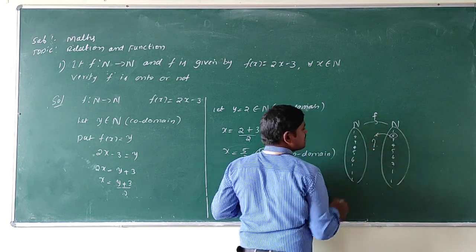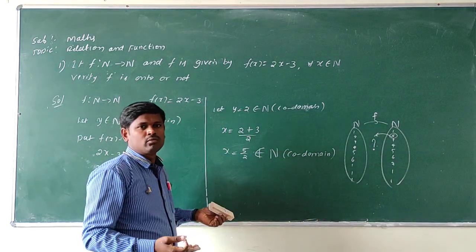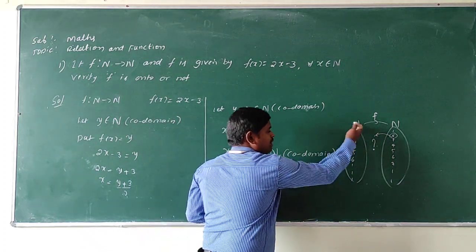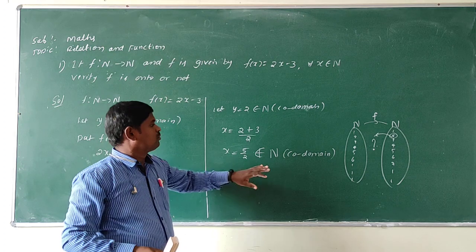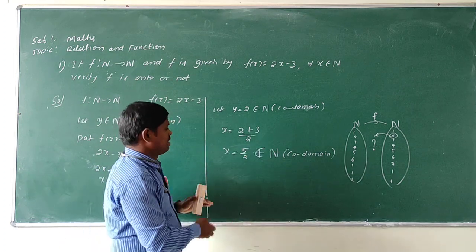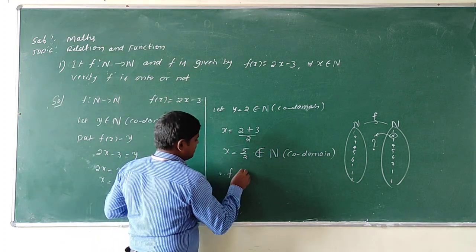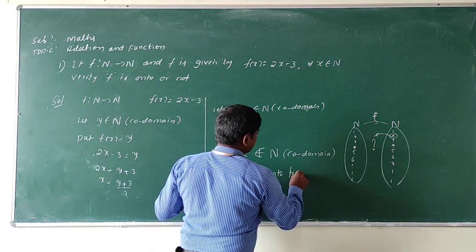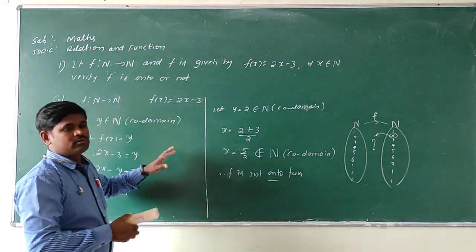Is there any pre-image? No. 5 by 2 is not a natural number. So this is not an onto function. Therefore, f is not an onto function.